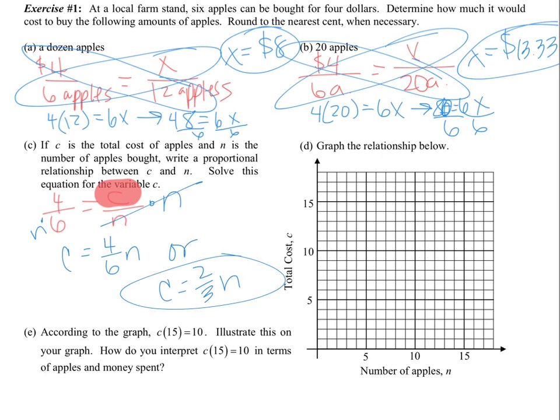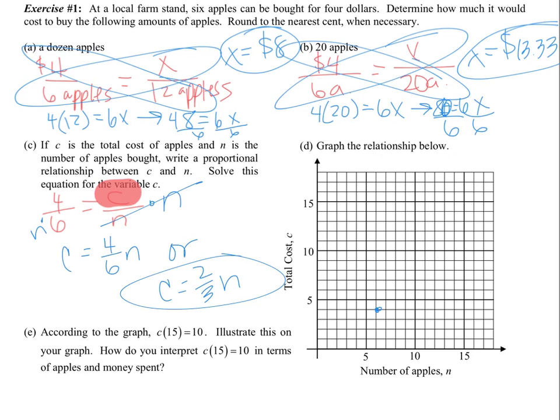Now, looking at letter D, it says graph the relationship below. So we look at number of apples below and the total cost. You notice that it goes up by ones and over by ones. So every 6 apples is $4, and you could go up proportionally.